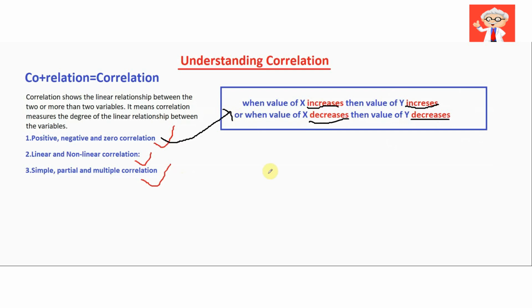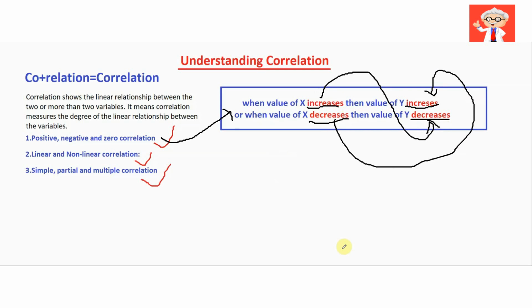And in contrast, when the value of x decreases but the value of y increases, and when the value of x increases, then the value of y decreases, such a relation is defined as negative relation, that is, negative correlation.